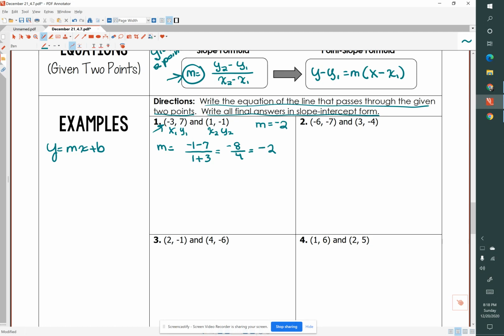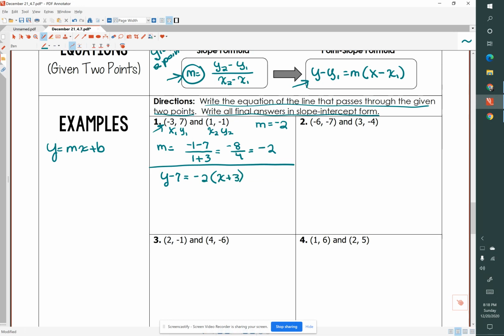And we're going to insert that point with the slope in the point slope form of the equation. So now we're looking at this point slope form. We will have y minus 7, so we're using this first point, equals the slope, which is -2 times the quantity of x plus 3.